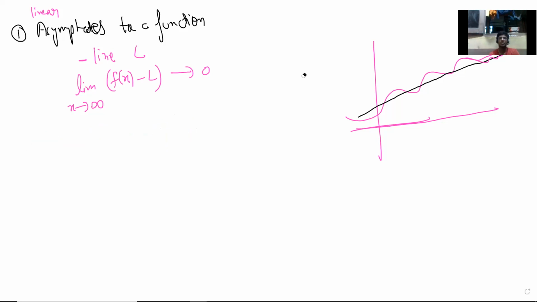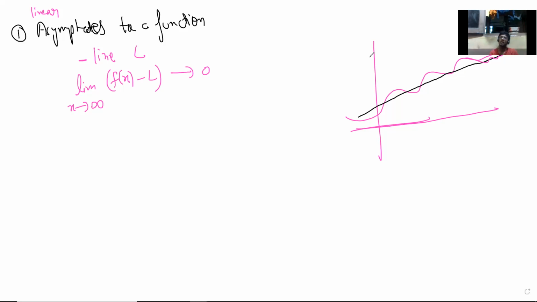The point is that asymptotes can happen anywhere. Asymptote doesn't mean that it has to happen at infinity, in the sense that at least one of the values tends to infinity. The graph and the line get closer and closer to each other, and the distance from the origin increases.